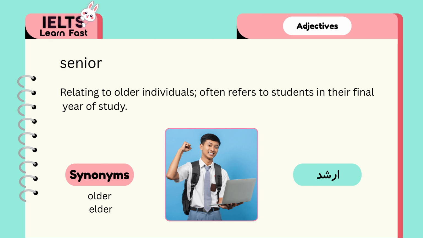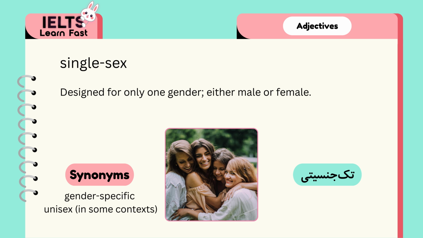Senior: relating to older individuals, often refers to students in their final year of study. Synonyms: older, elder. Single sex: designed for only one gender, either male or female. Synonyms: gender-specific, unisex in some contexts.